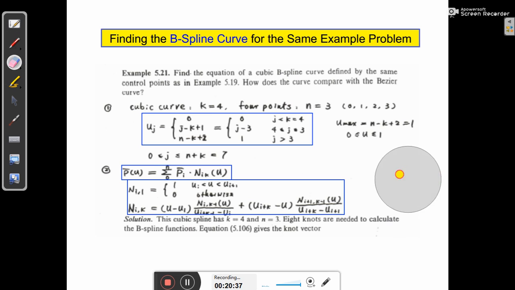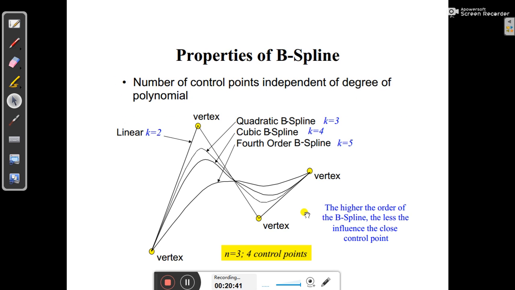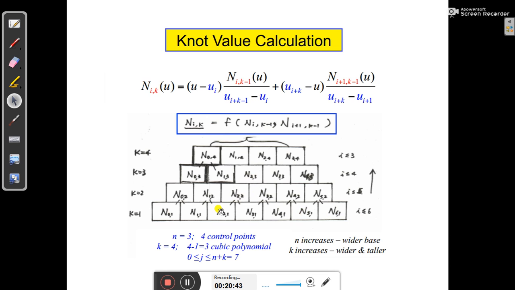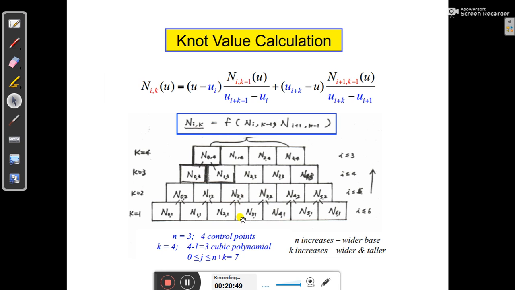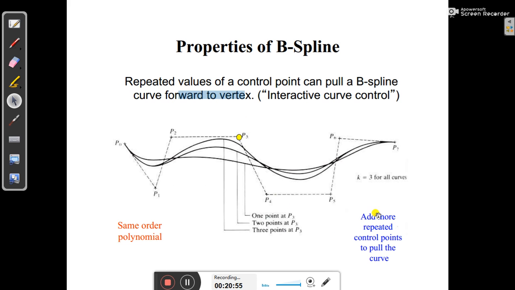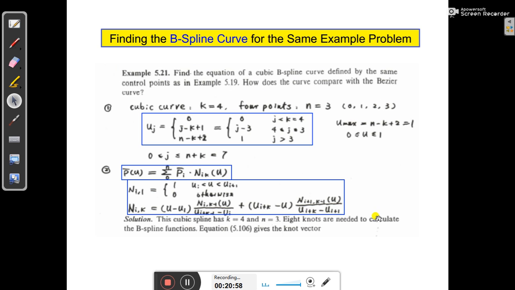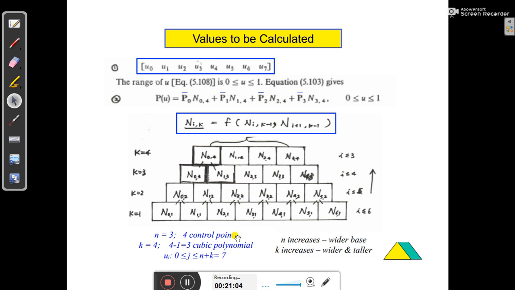So there will be 8 knots, as we discussed before, needed to calculate the B-spline functions.